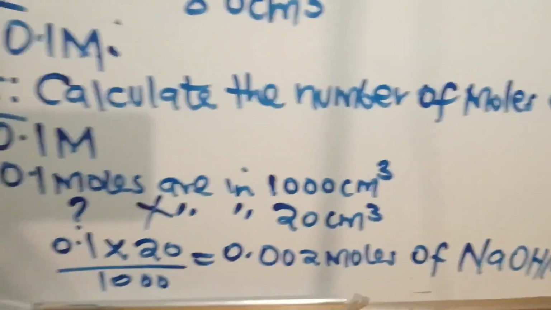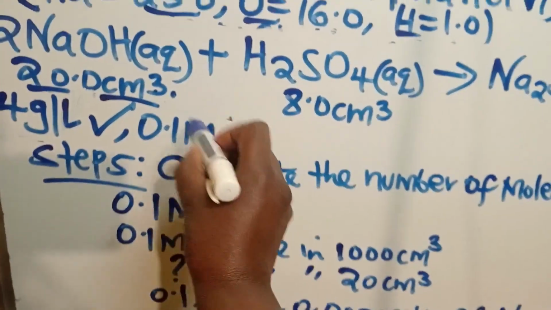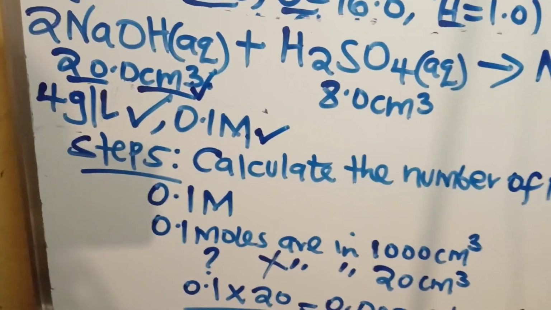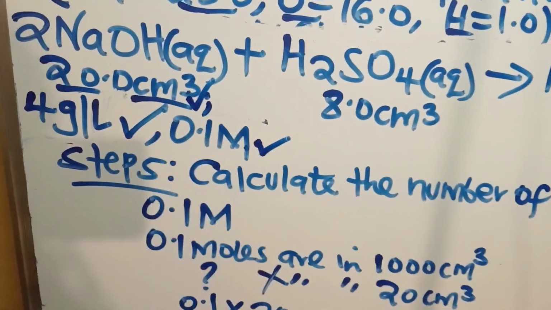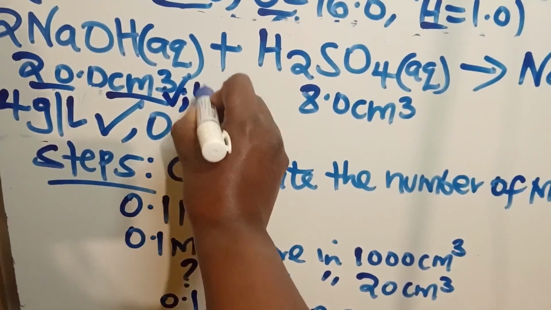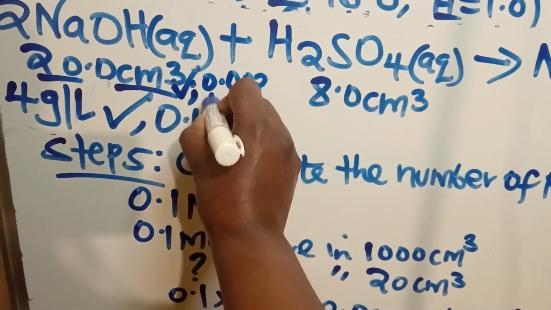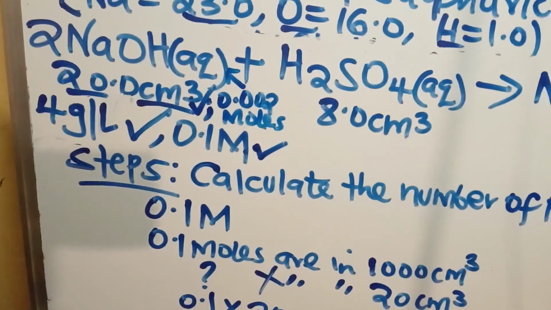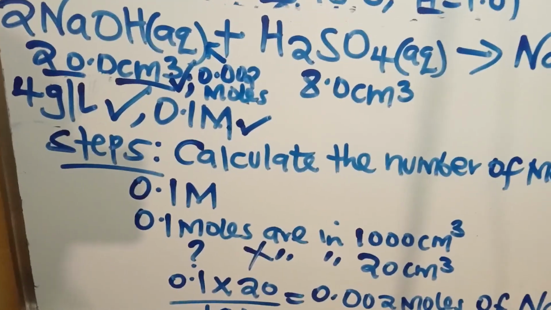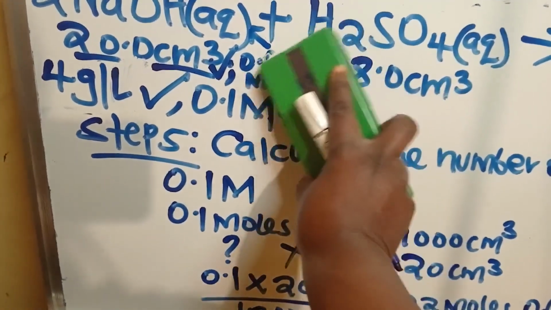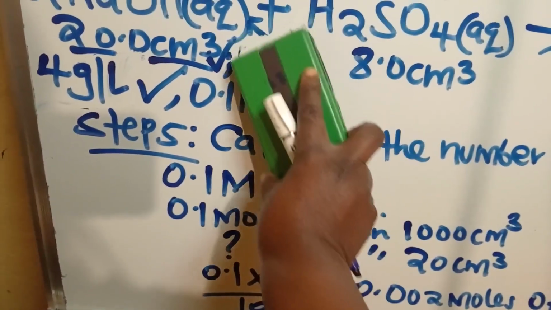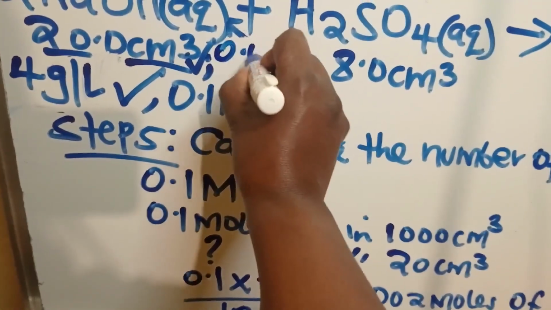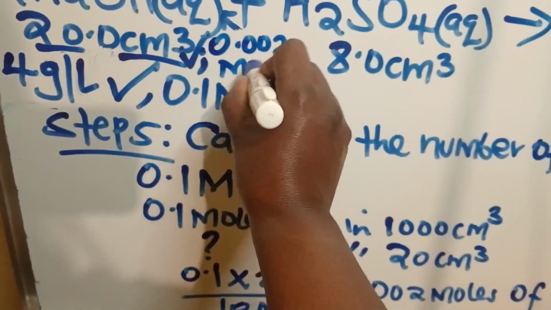Sodium hydroxide. So remember, we said each and every value that you use, you make sure that you tick it. Right now, we have just got the newest number, 0.002 moles, again for sodium hydroxide. So you write them there very clearly: 0.002 moles.